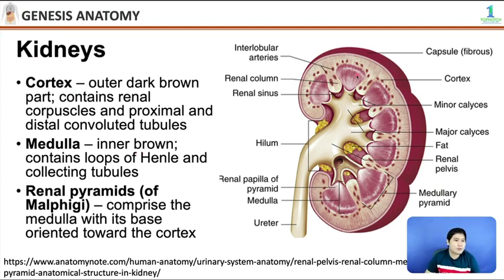So, grossly, your kidneys are divided into two parts. The cortex is the outer layer, the dark brown part, and it contains the renal corpuscles and the proximal and distal convoluted tubules. It is followed by the medulla, the inner brown part, which contains the loops of Henle and the collecting tubules.